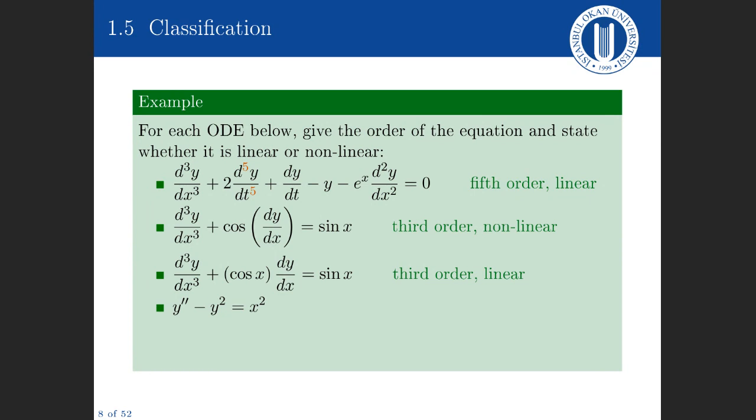y double prime minus y squared is equal to x squared. This is a second order equation because the biggest derivative is 2.